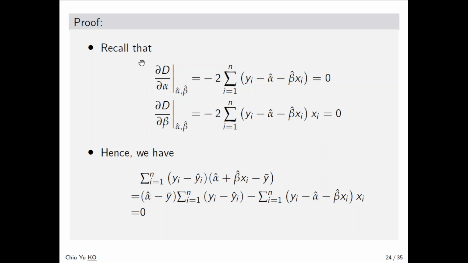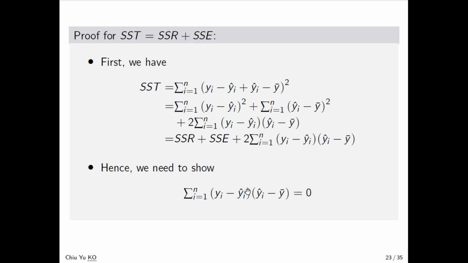Let's recall the FOCs for the least squares. The least squares FOC says this is 0 and this is also 0, right? That means, if we take this statement, this is the y hat.